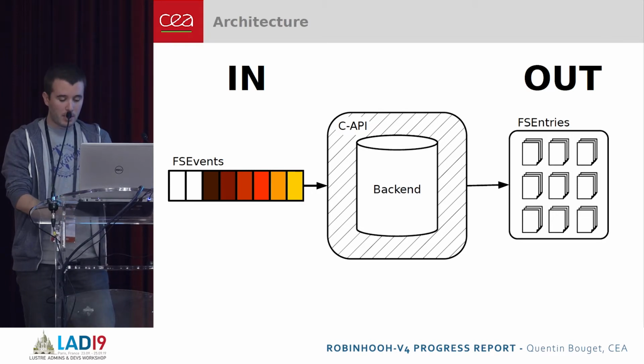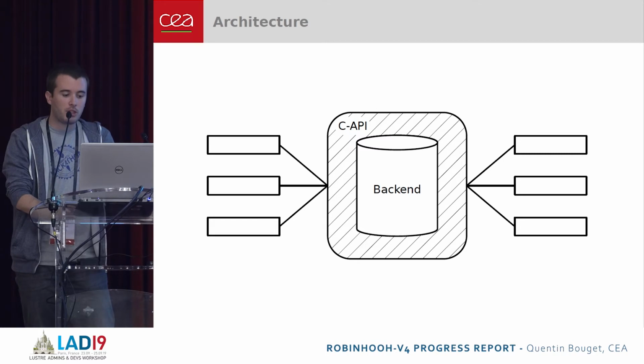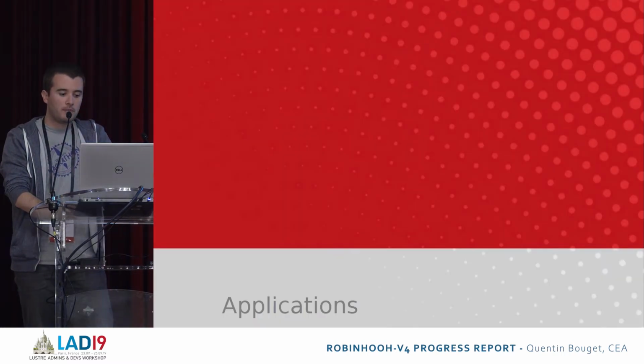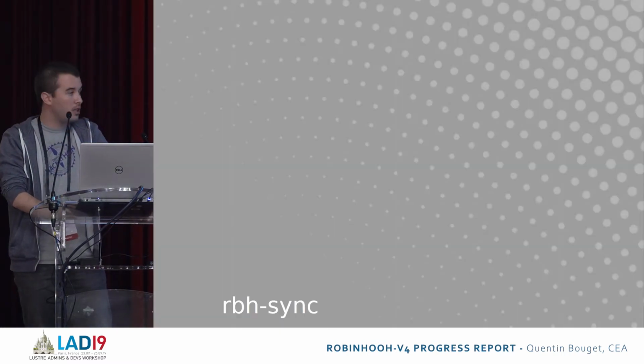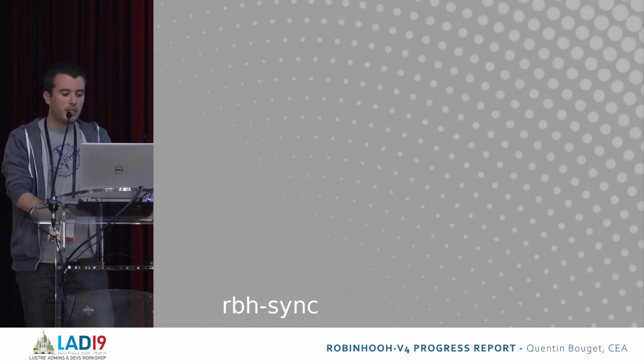And so you can do this for MongoDB, MariaDB, or even file systems. After you do that, you can actually plug in different applications, three of which I'm going to present to you right now.